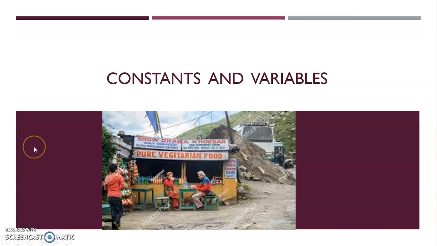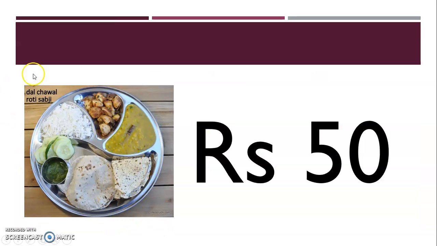So suppose there is a restaurant or a hotel or a dhaba, and the dhaba sells thali. The cost of one thali, or the price of one thali, is 50 rupees.